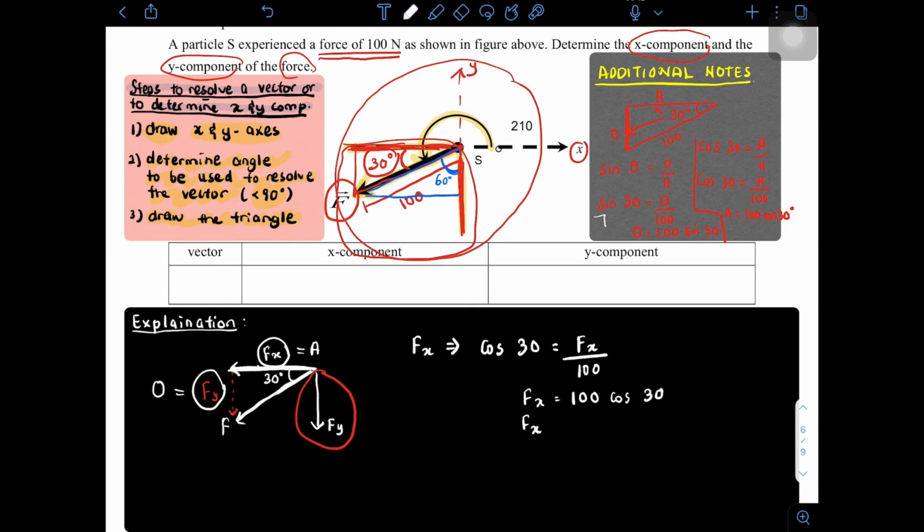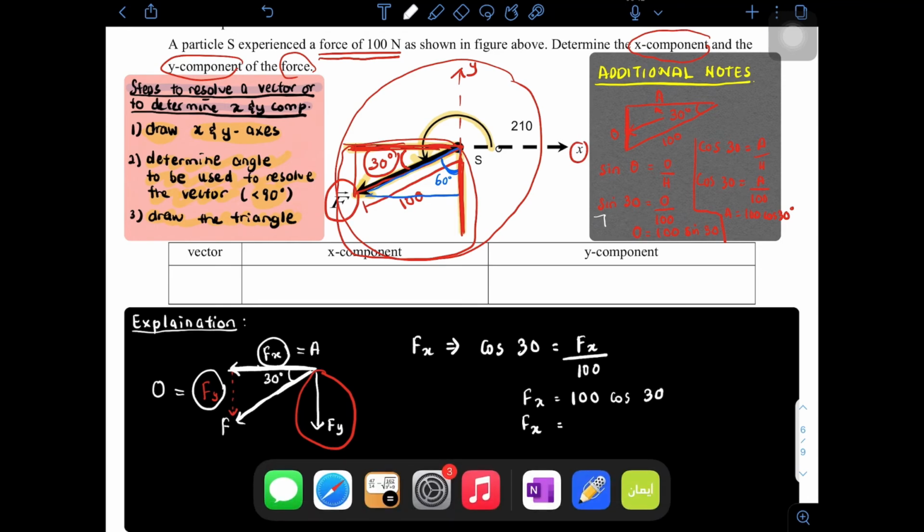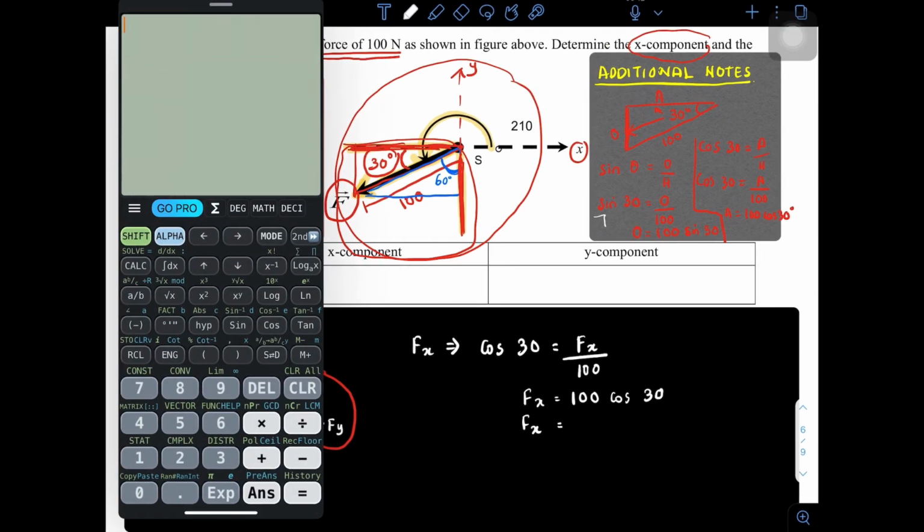Calculate using your calculator; make sure it is in degree mode. You will get 86.60 Newton.